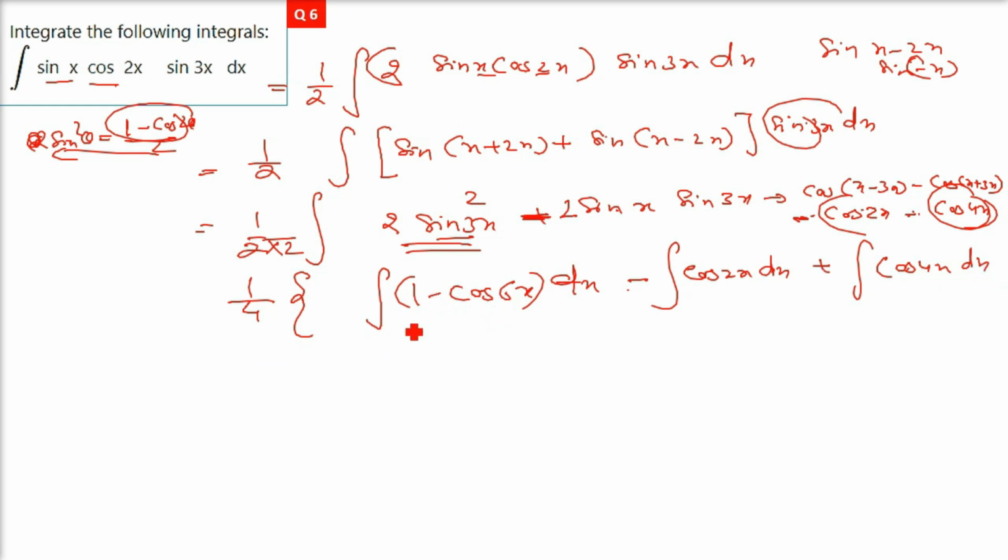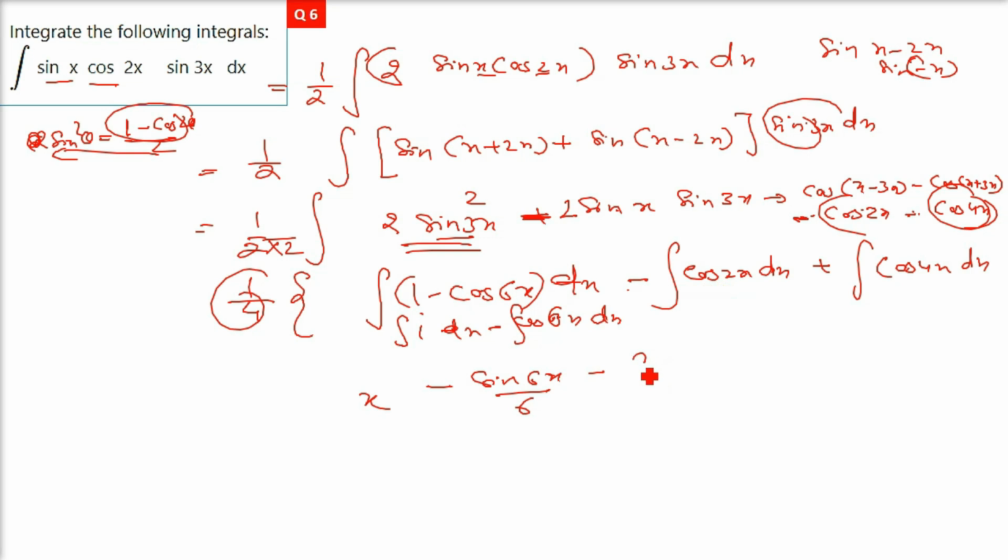Now let us integrate it. What is the integration of 1? It will be x. Integration of cos 6x is going to be sin 6x, and differentiation of 6x is 6, so it will be divided by 6. 1 by 4 was already there. I'll just deal with that in a short while.